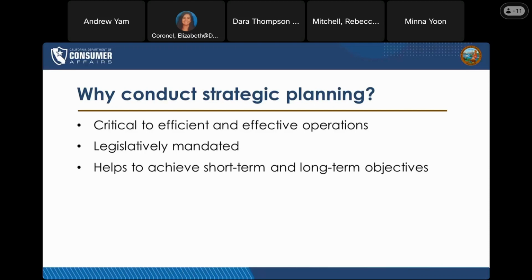Additionally, creating strategic plans is designed to help you, the program, achieve short-term and long-term objectives. For a strategic plan to work, it must contain specific goals and measurable objectives, as well as a plan for achieving them.